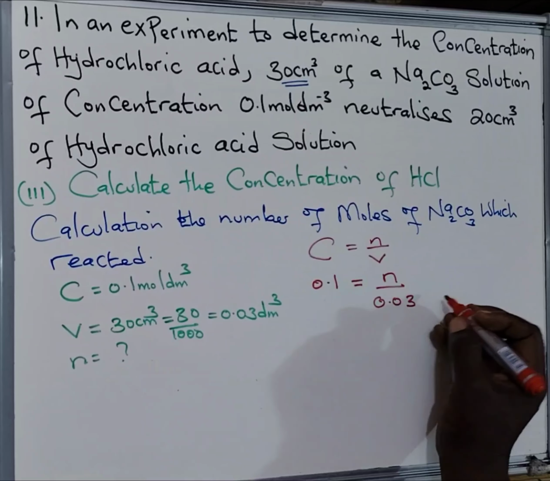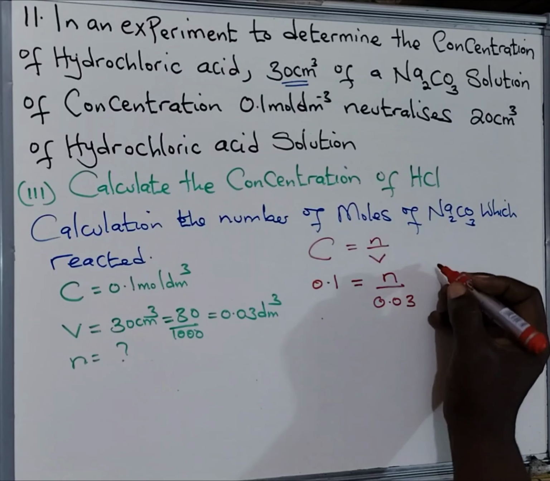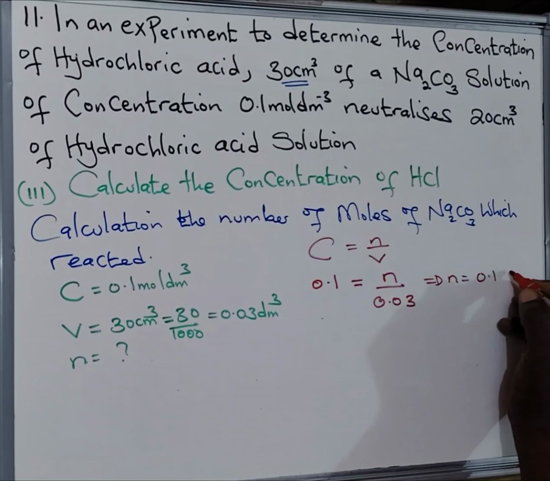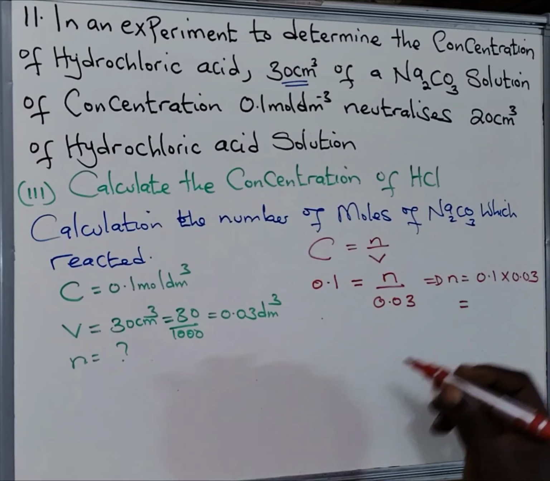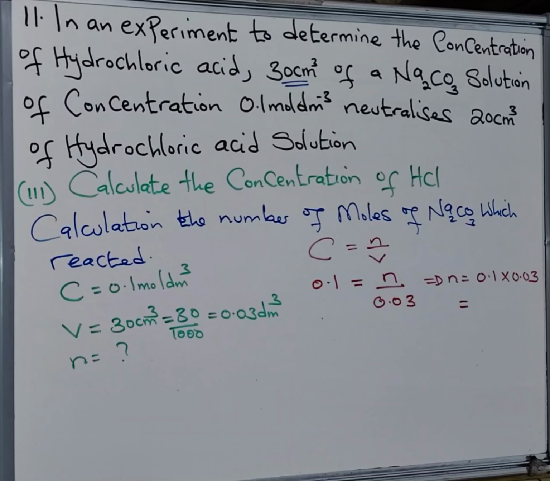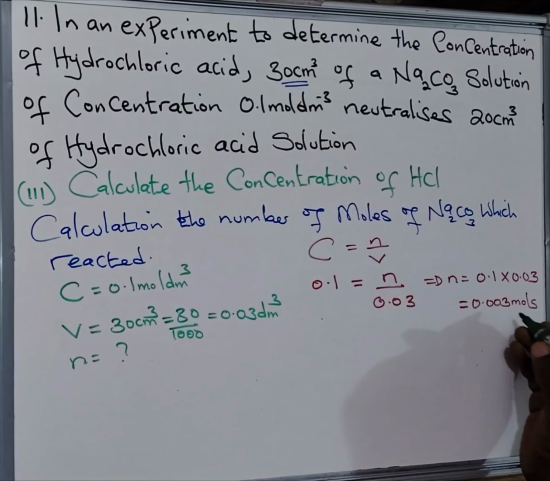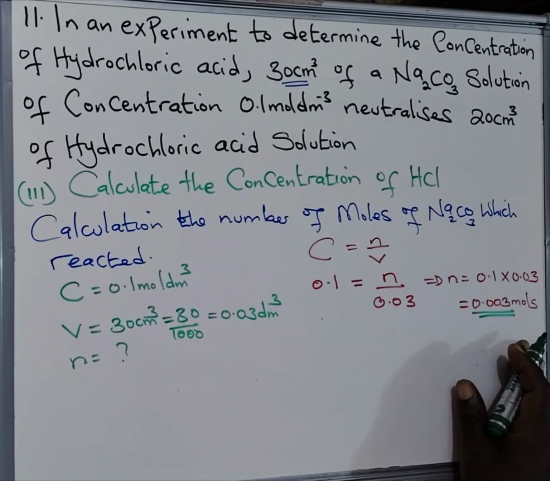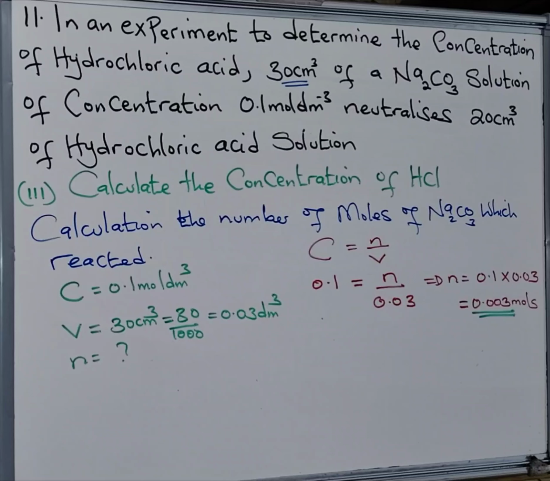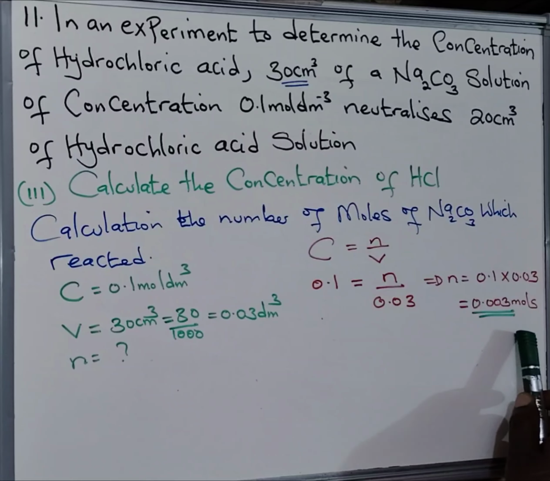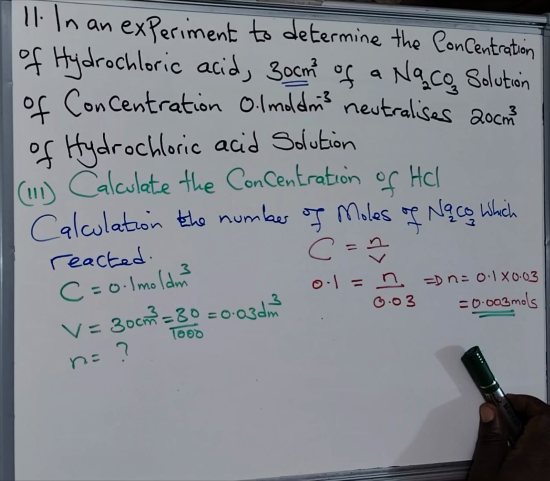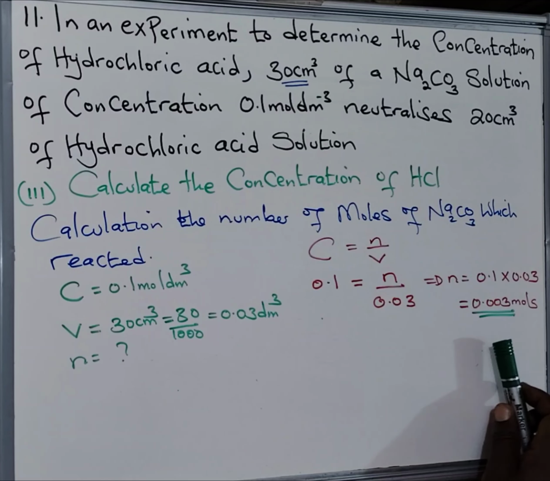You get your N after cross multiplying: N is going to be 0.1 times 0.03, giving us 0.003 moles. So these are the moles of our standard which reacted, the moles of sodium carbonate.